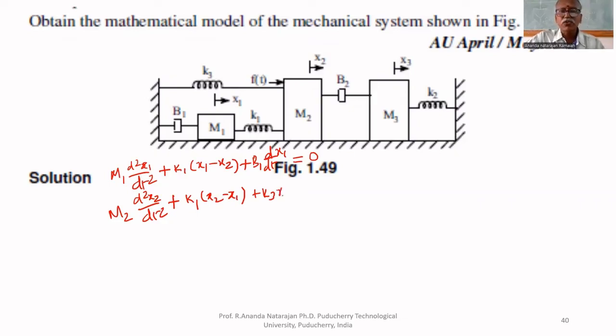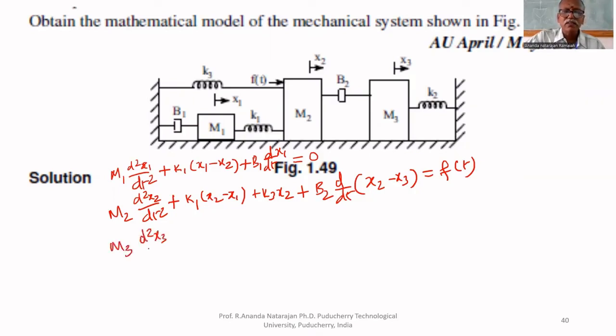Therefore k3 x2 only, plus b2 d by dt of (x2 minus x3). Applied force is there, f of t, therefore equal to f of t. This is the second equation.